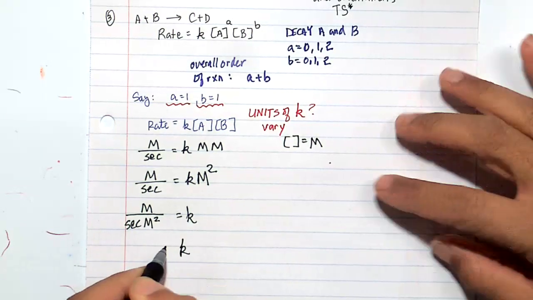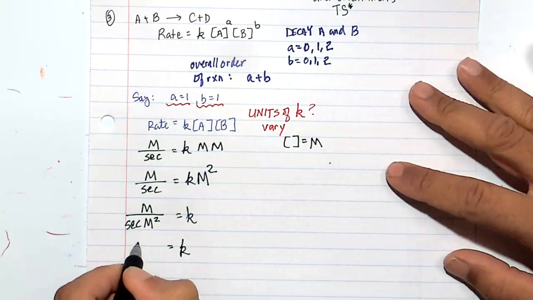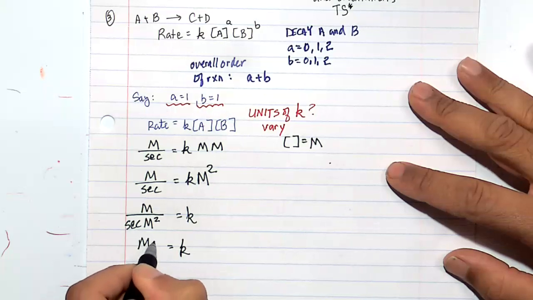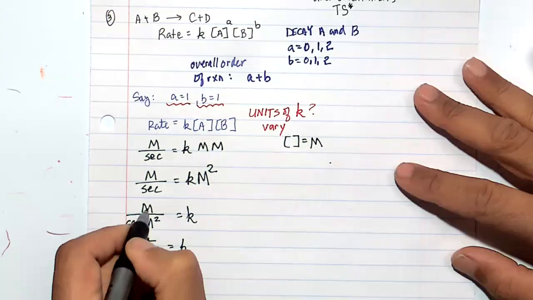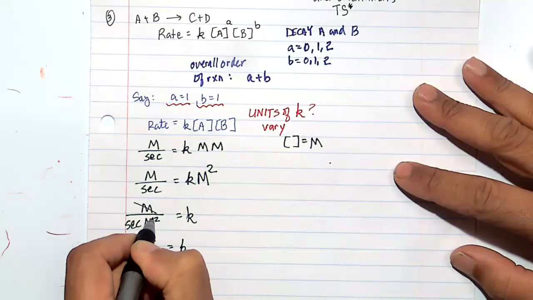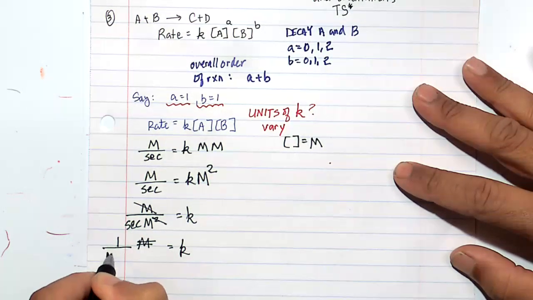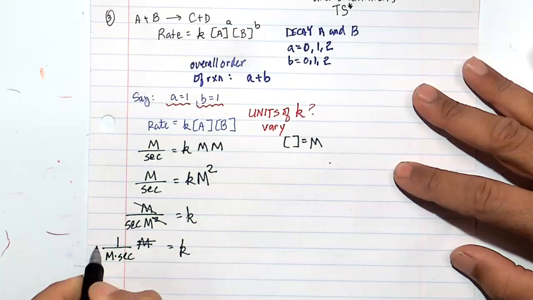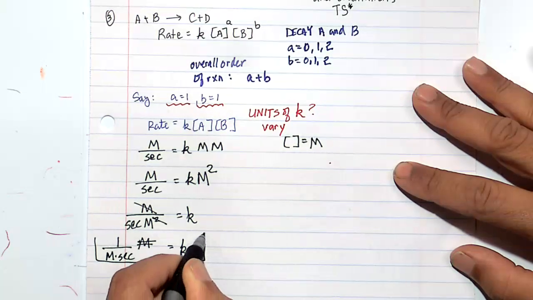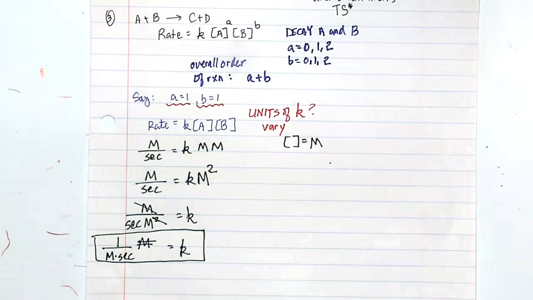So my units of K for this reaction is going to be, this is not right, it's going to be one of these M's cancels with one of these M's. So my units are going to be 1 over M seconds. So units of K is a question on the exam. 1 over M seconds.